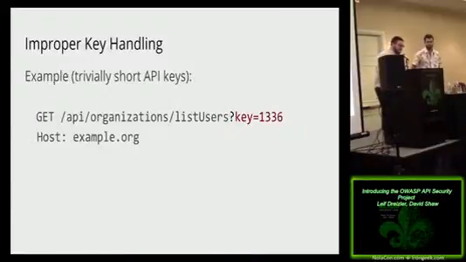So we have a really simple example for this. This actually highlights two of those problems. If you're sending a GET request to an API, in this case, you're listing users, and you have an API key, first of all, this would definitely be in the URL in the GET request, right? Because it's a GET. And also, if your key is something like 1336, that's probably going to be sequential, right?